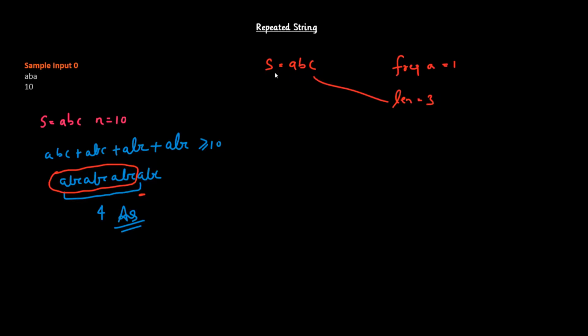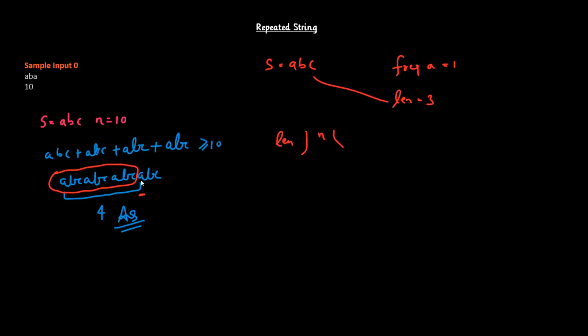Now we know the initial string has length 3 and we have to check N equals 10. Till N equals 10, how many A's are there? So we'll divide N by the length, to find out how many complete strings will be there in N equals 10 and how many extra characters will be there.